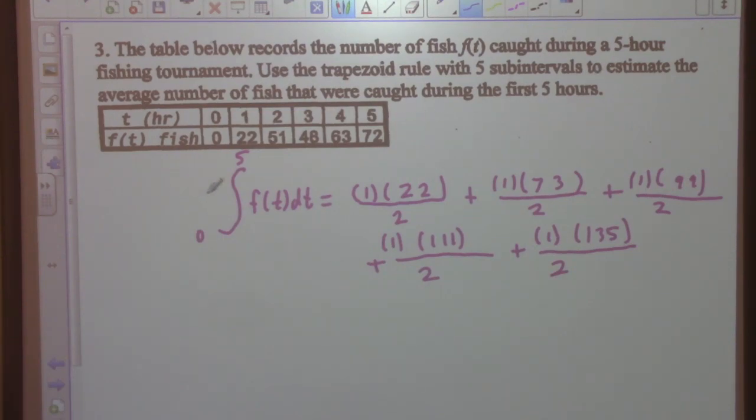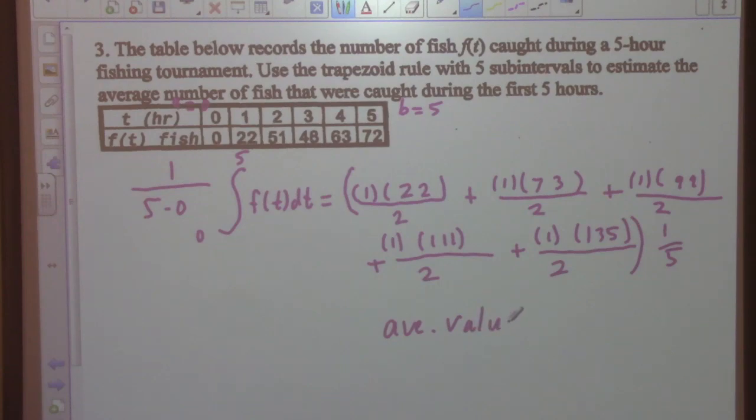So for average value, it's 1 over b minus a times the integral of a function, with b equal to 5 and a equal to 0, integrated with the limits. So we multiply this whole thing by 1/5. And this is going to be our average value.